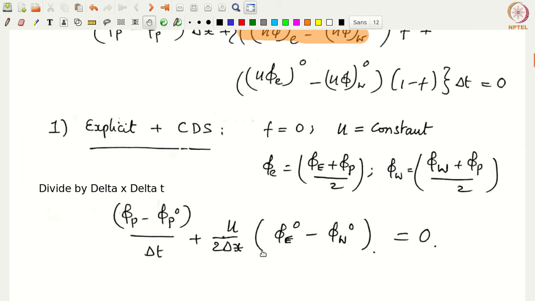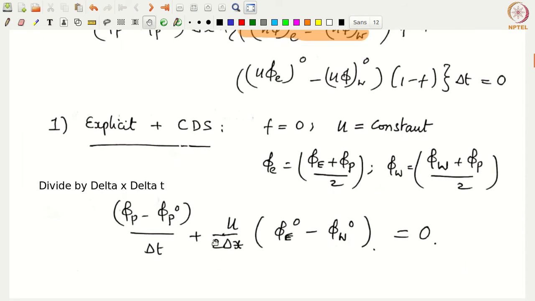Okay, now of course this is an explicit method, so do we have to solve for a system of linear equations in order to do this? So no need to solve for a system, right? Because this is an explicit equation, so you can directly substitute for the right hand side values and then calculate what is phi p.